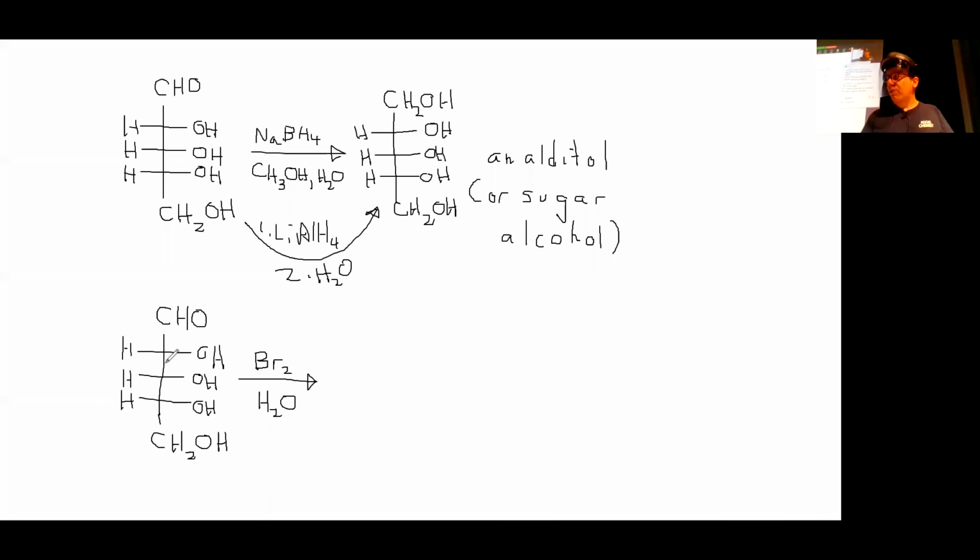And it turns out that you can treat any sugar, whether it's 3 carbons, 5 carbons, 15 carbons, with aqueous bromine, of all things. All of the halogens are good oxidizing agents, whether chlorine or bromine or fluorine in the extreme, or iodine also.